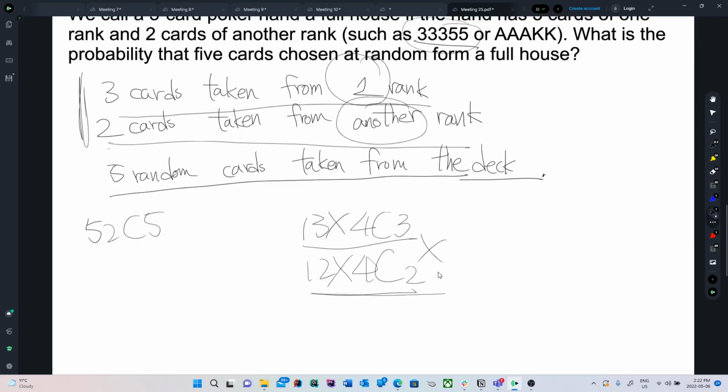What we get here is 3,744 for the successful cases, and the number of total possibilities is 2,598,960. Actually, this is pretty big.